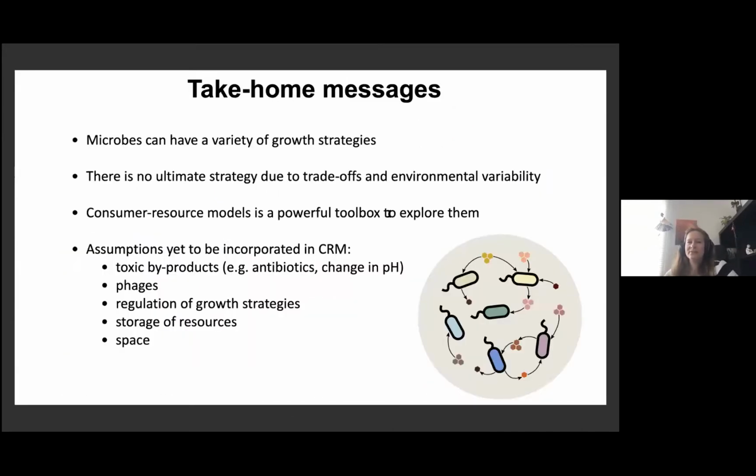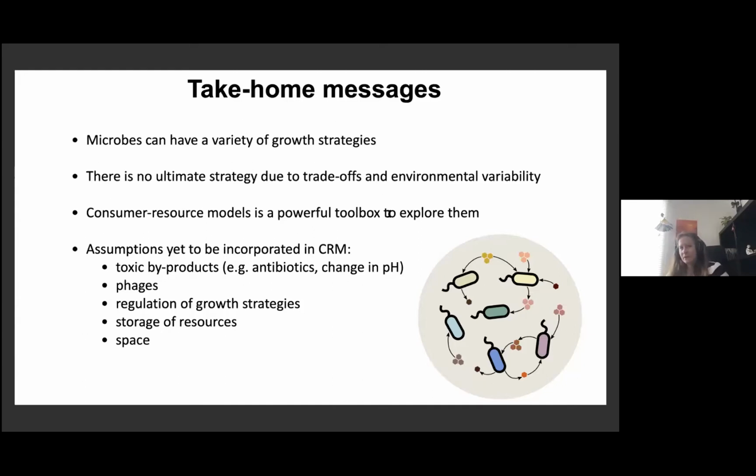So what I really want you to take home from this theoretical part is that we can have a variety of growth strategies in microbial communities. In various scenarios, different strategies might be worse or better because there are some intrinsic trade-offs, and environments also may vary.